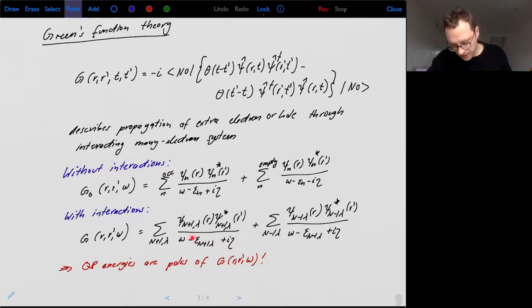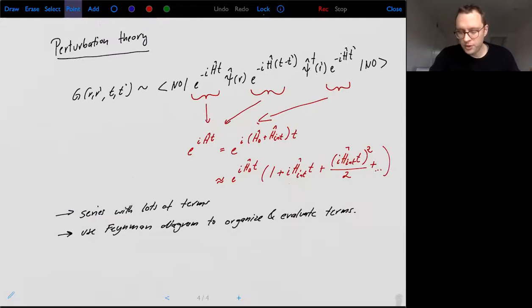So we don't know how to calculate epsilon n plus 1 lambda or epsilon n minus 1 lambda. And at that point we said we have to make some approximation, and a reasonable starting point was to try to develop a perturbation theory in the interaction. And we also tried to understand how that could be done.